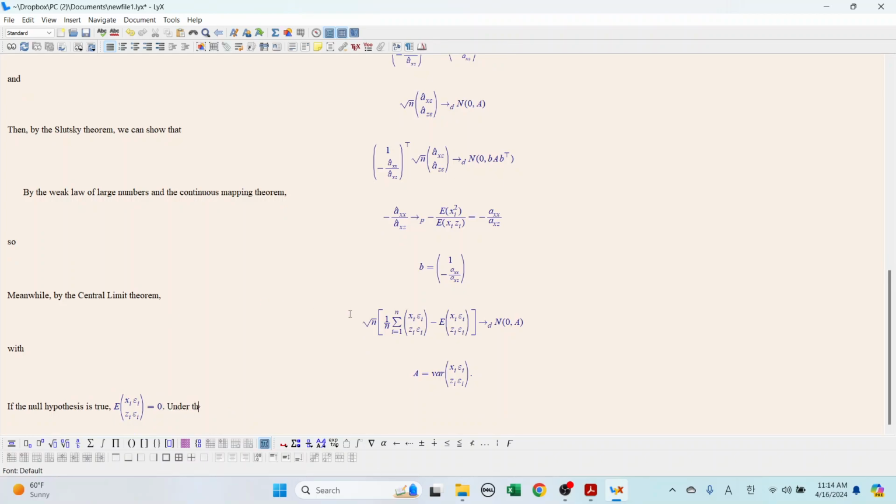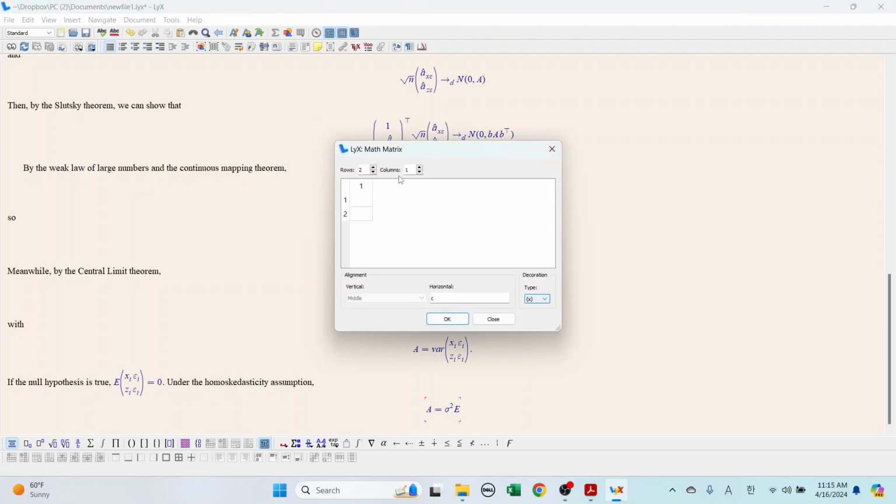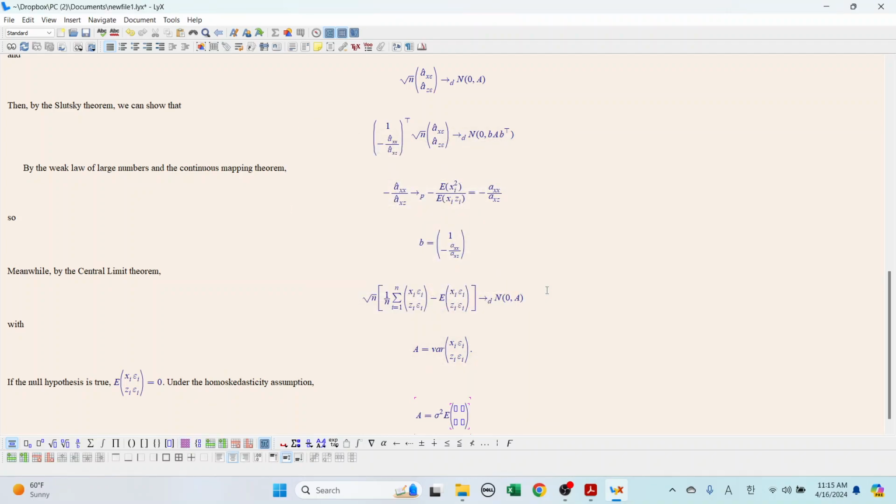And under the homoscedasticity assumption, we have A equals this 2 by 2 variance matrix, given like this.